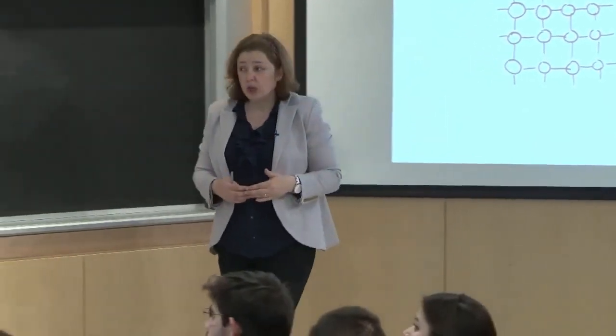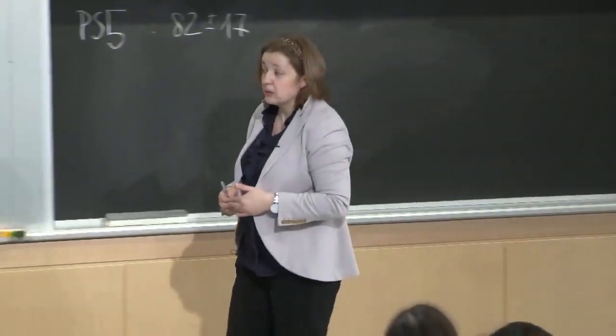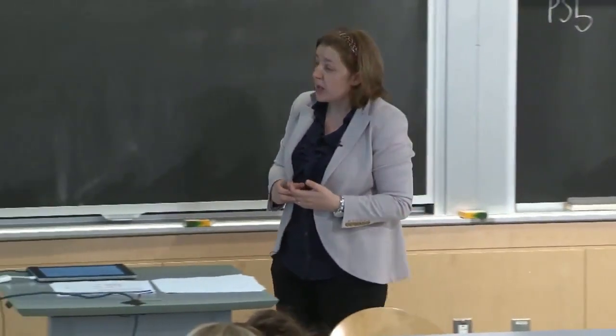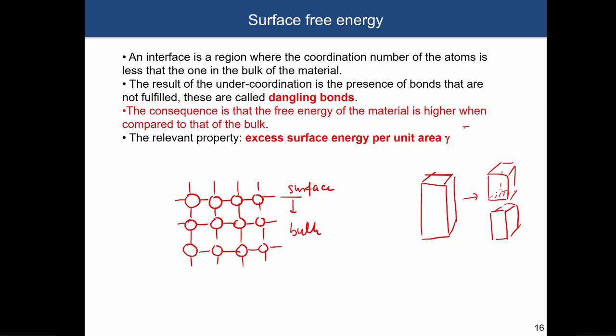Okay? So we will talk about this in the remainder of the lecture. But the excess surface energy per unit area then will be typically expressed in terms of the joules per meter squared.